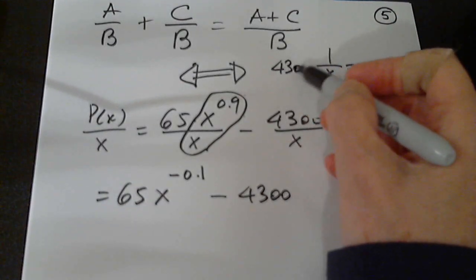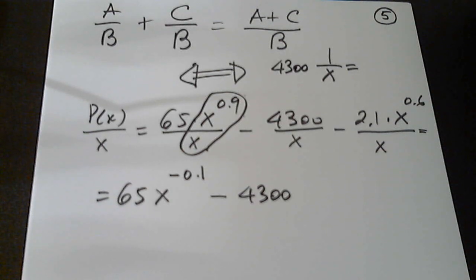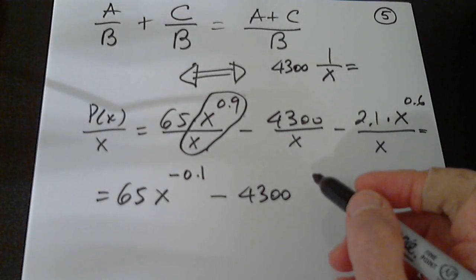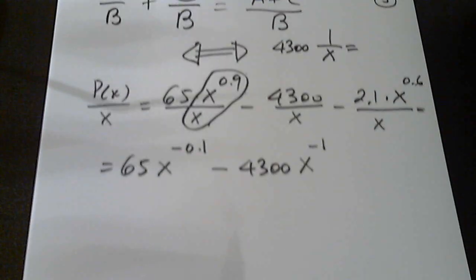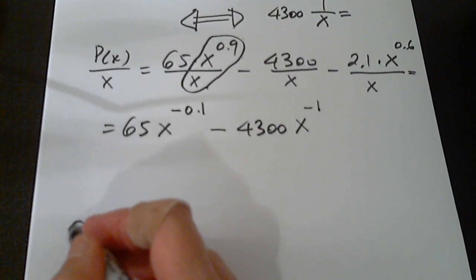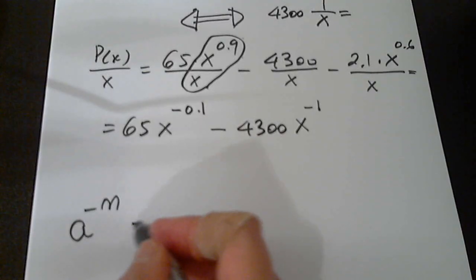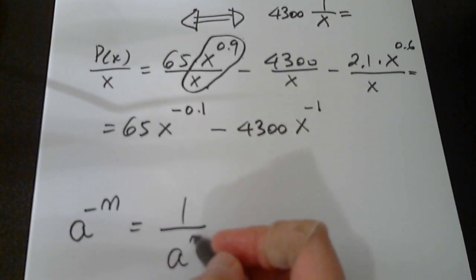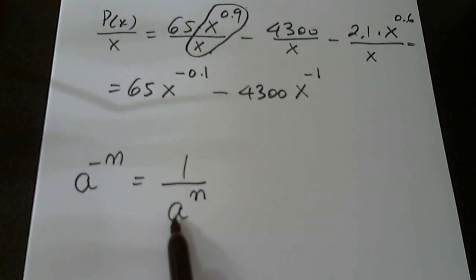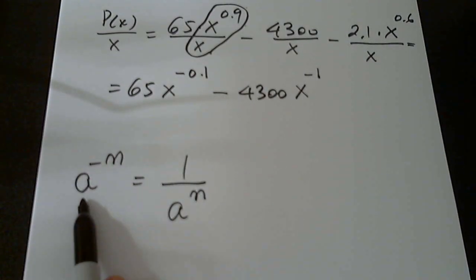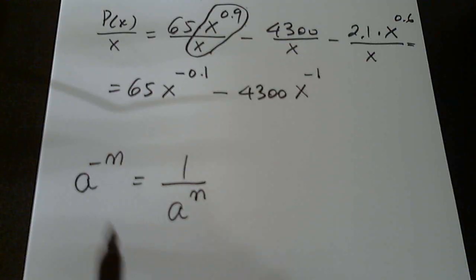It's the same thing. So how would I write it? It would be negative 1. So this is x to negative 1. So let's write this rule again: a to negative n equals 1 over a to the nth power. So I have 1 over x to the power 1. So this will be x to negative 1.